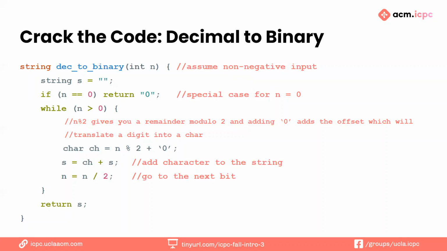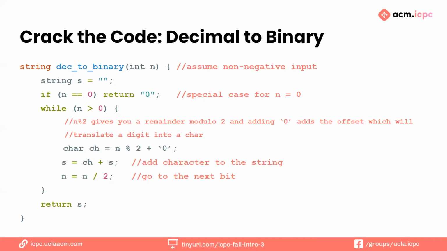So next line, we declare string s and initialize it to empty string. We have a special case when n is 0, and if it's 0, we simply return a string with one character, 0. Otherwise, we perform the same operation that I just described when we were converting 13 into binary.